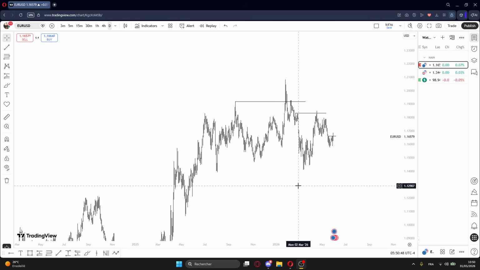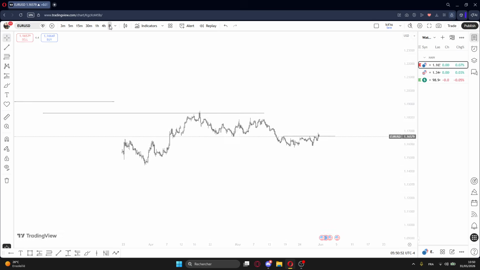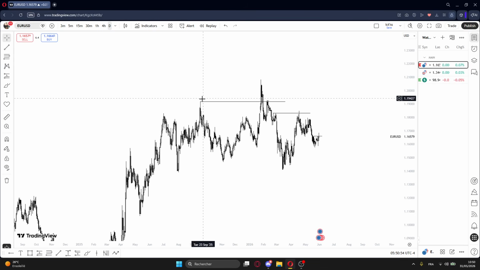Because if you see the bigger picture here, and I don't need any other time frame than the daily, if you see a bigger picture than this, it's going to look like a range. If you see a lesser picture than this, you're going to see it as a trend, which means as of now, the ideal thing to watch is this.